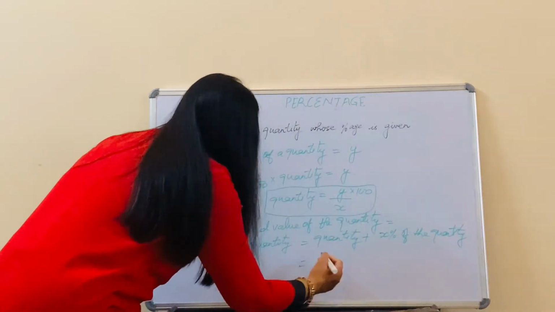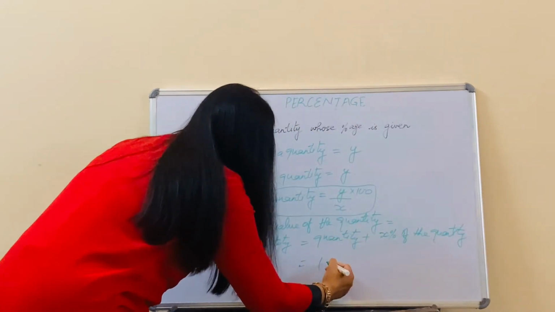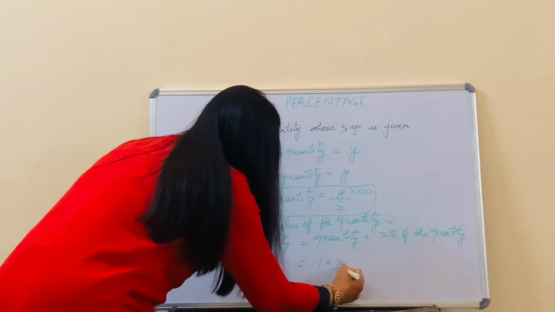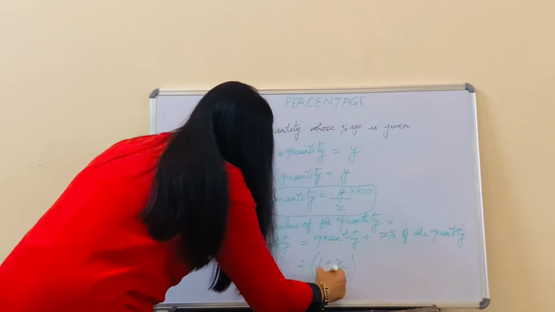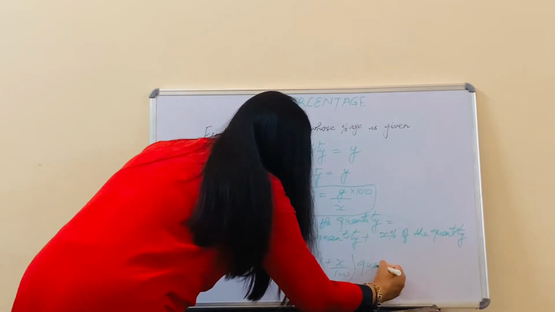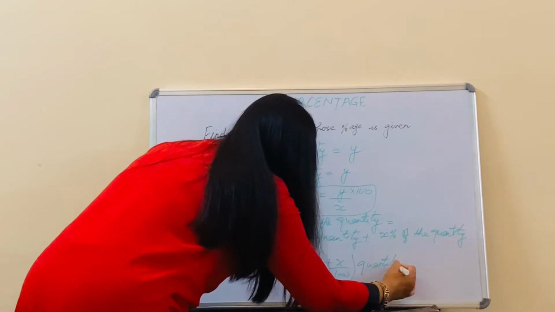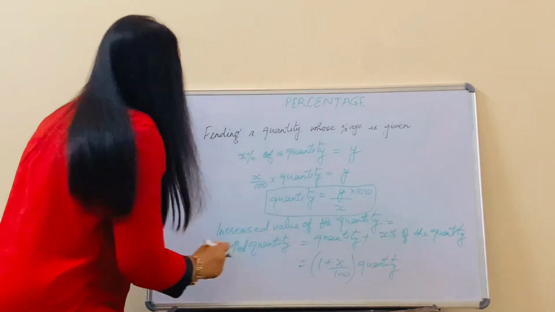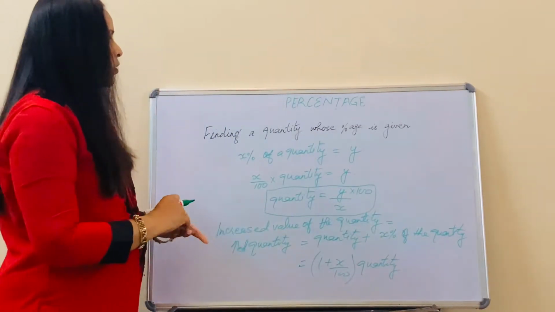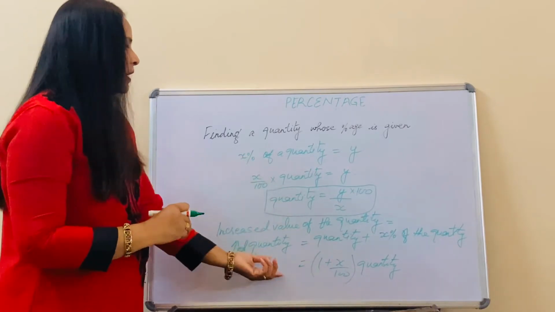Solving this, we have 1 plus X upon 100 into quantity. This is the increased quantity whose value is increased by X%.